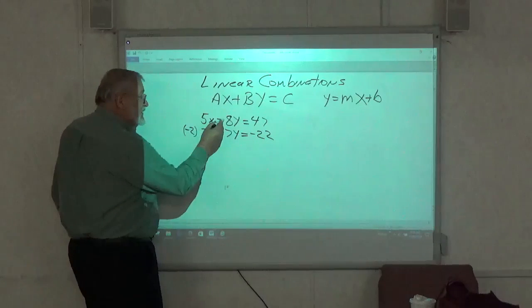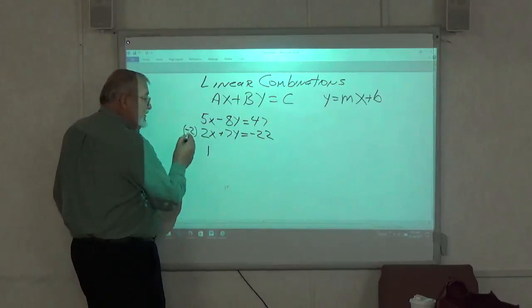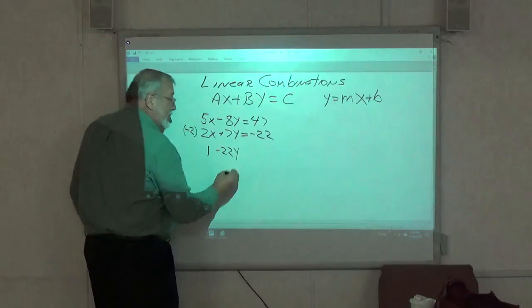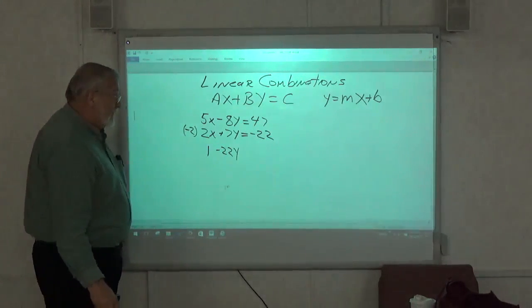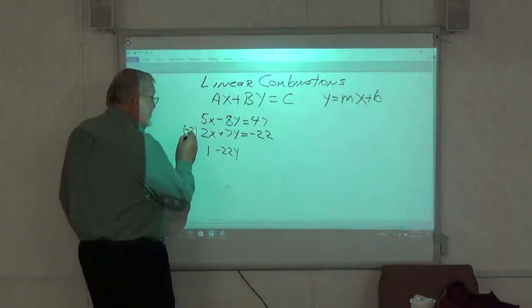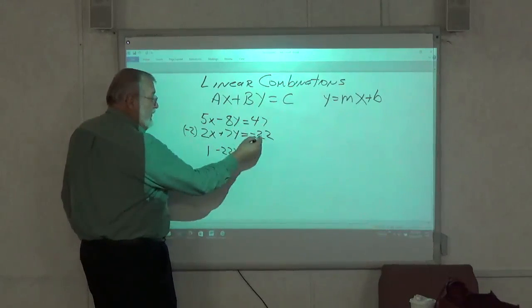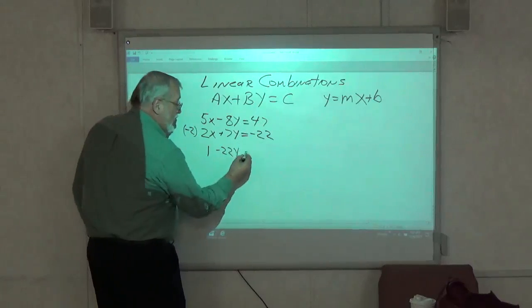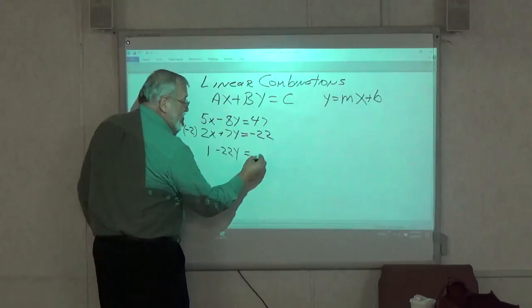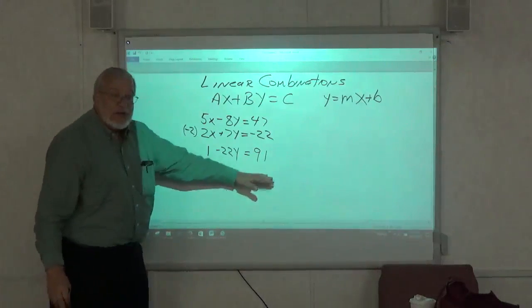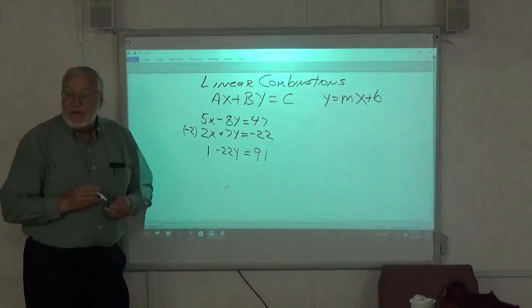Now, this is negative 8 plus negative 14, which is negative 22y. And then this is 44 plus 47, which is 91. That's what I would get if I was doing the matrix.